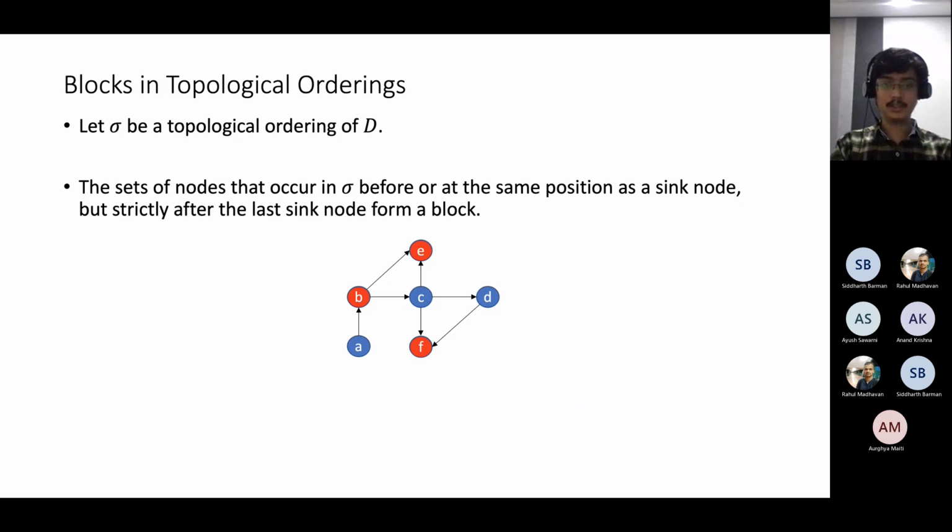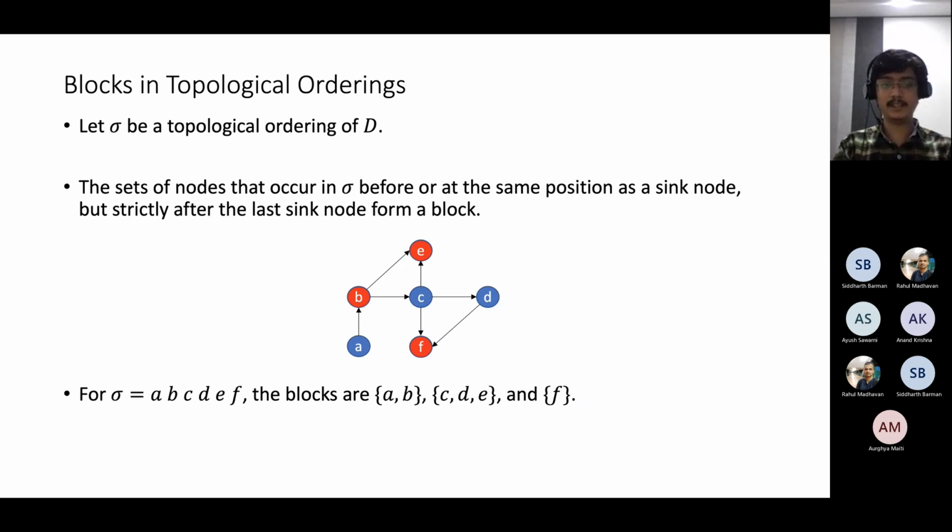Consider this DAG and the topological ordering A, B, C, D, E, F. We have seen that for this DAG, the sink nodes are B, E, and F. The set of nodes that occur before or at the same position as a sink node, but strictly after the last sink node, form a block. B is a sink node, therefore AB is a block.